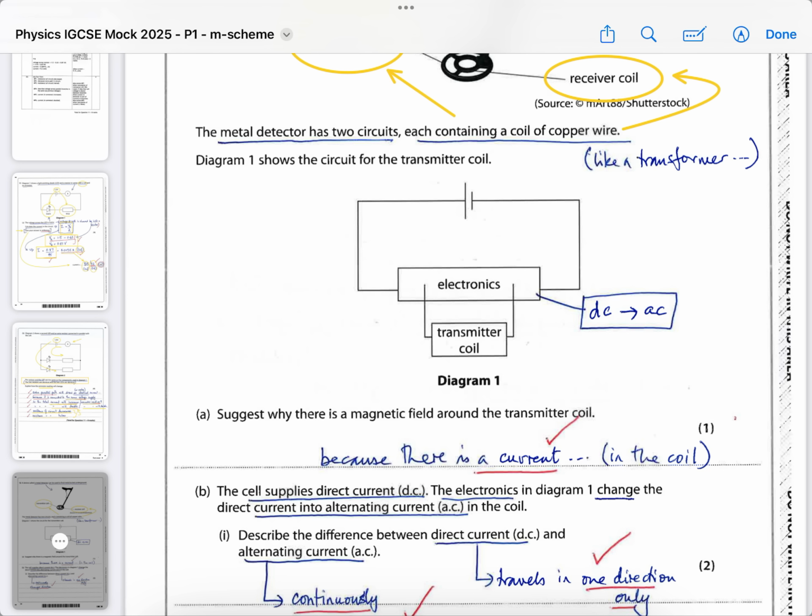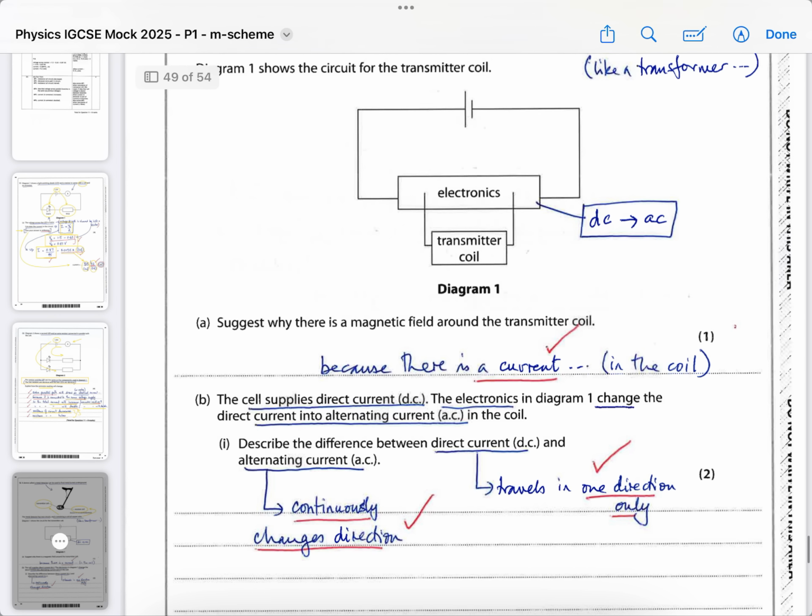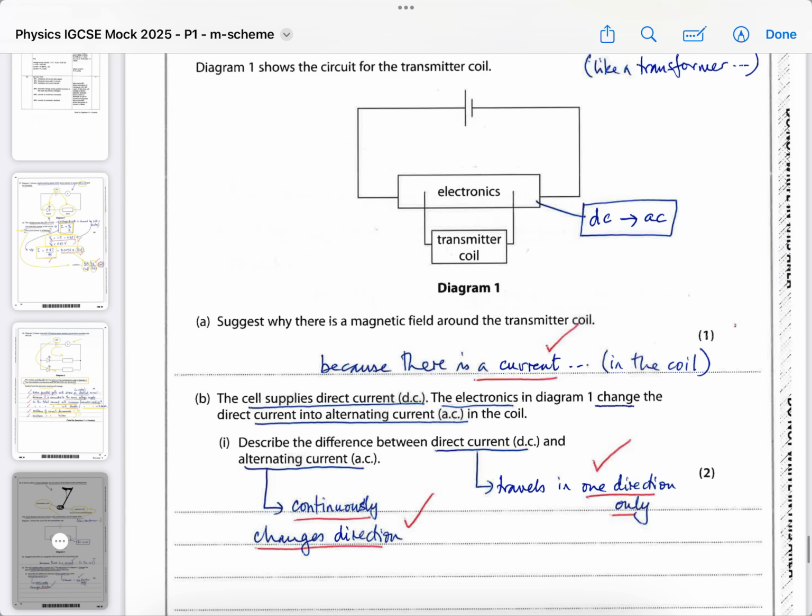So when you have a complicated question like this, you've got to take in all the information and just think about what you have been taught in the electromagnetism course. Okay, so suggest why there is a magnetic field. So they're walking you through this question by saying, why is there a magnetic field? Well, we haven't talked about magnetic field.